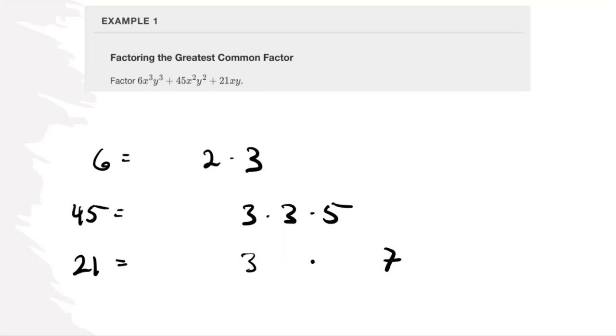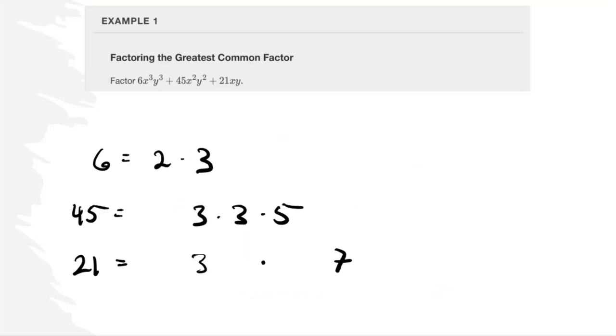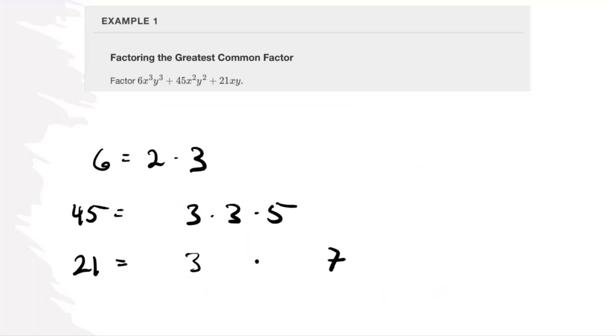Okay. So for my greatest common factor, let me see. Is that the same as the least common multiple? No. Greatest common factor. So the greatest common factor, basically, you ask yourself, well, what's common to all three numbers, right? So they all have a 3.